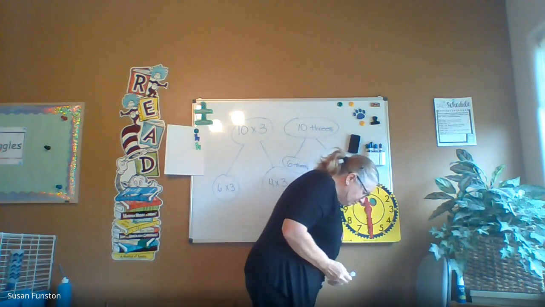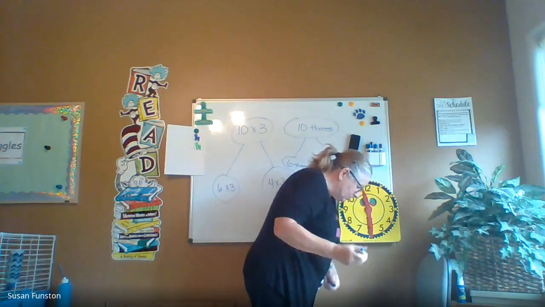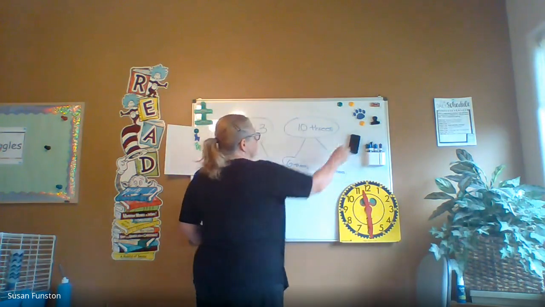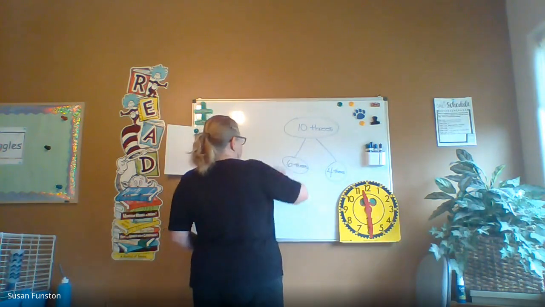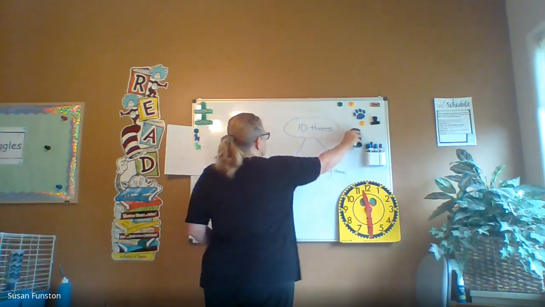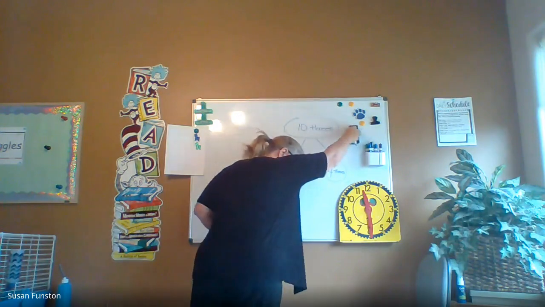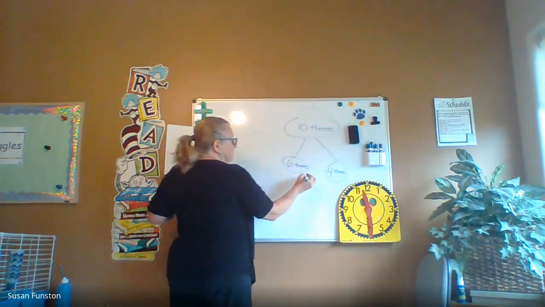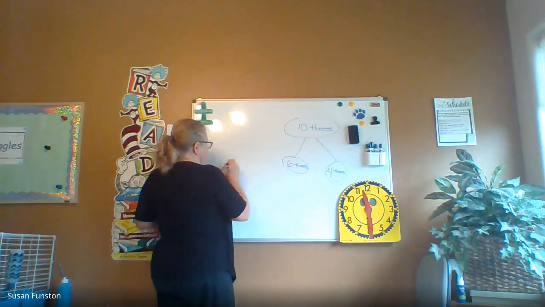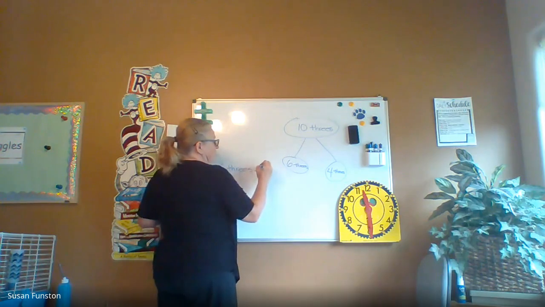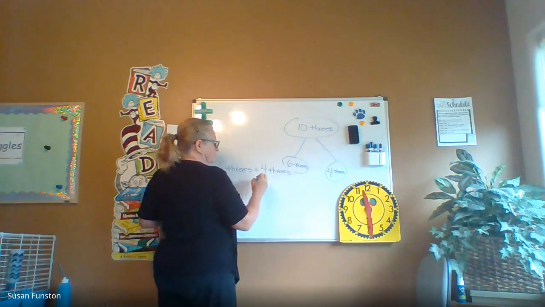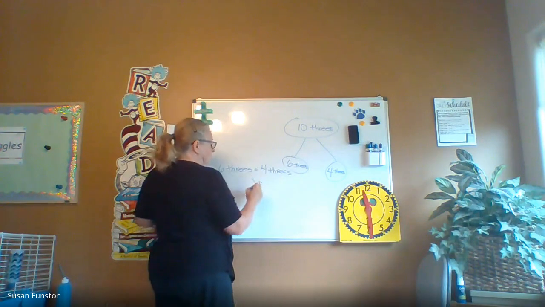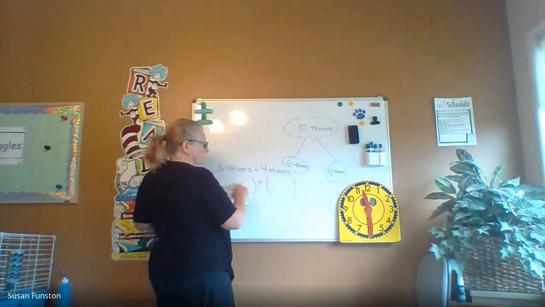Okay, let's put it in our equation. So I'm going to take my 6 3s and I'm going to add them to my 4 3s. So now I'm going to put my parentheses here, and I want to put my 6 3s here.